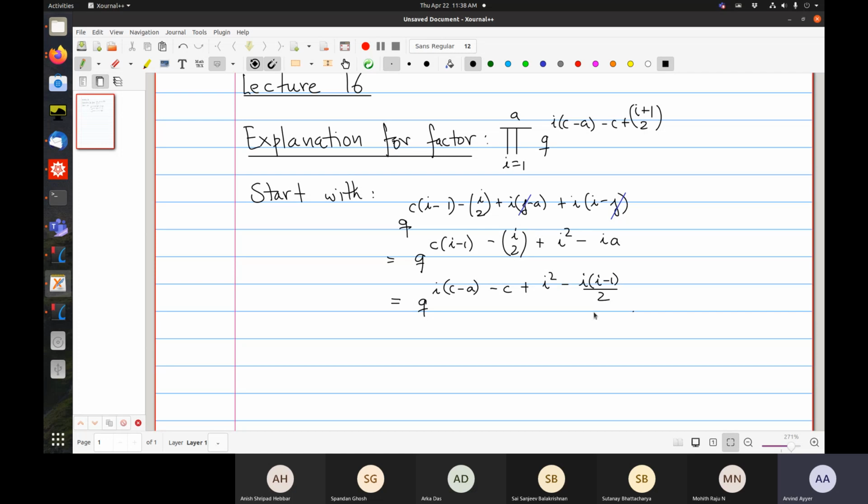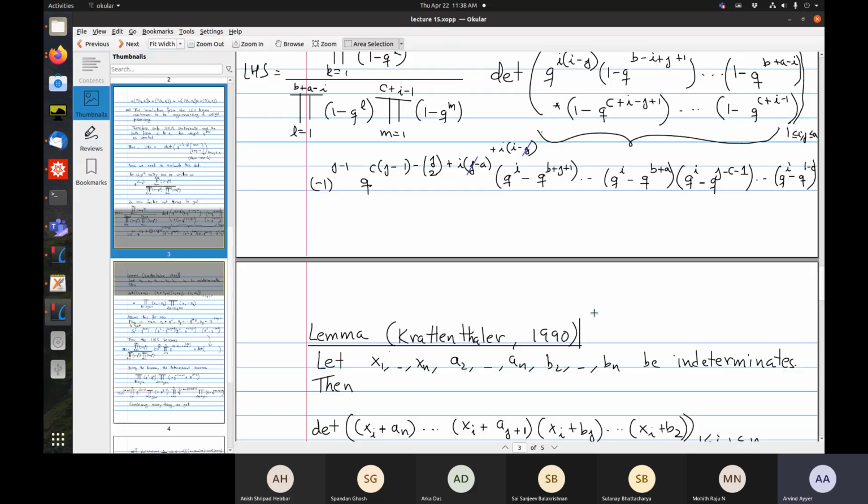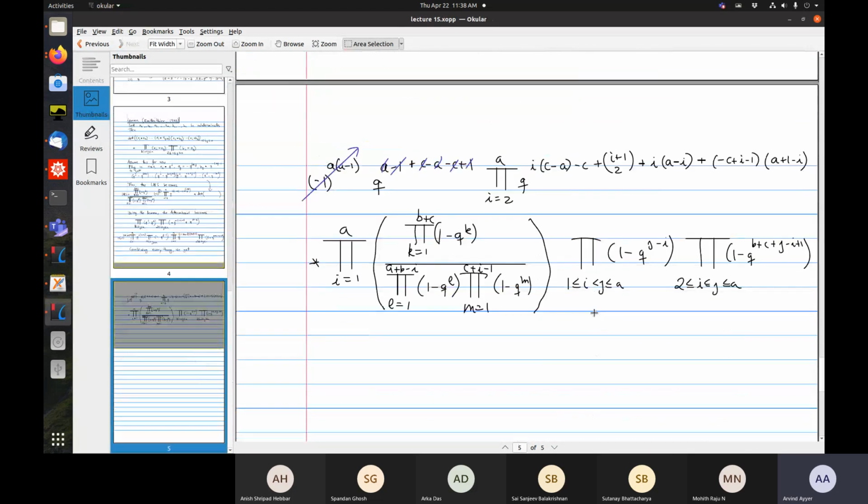So now let me go back to this last product. I'll write that again. I've already explained that the sign goes away, and this extra factor of q goes away, and so what we are left with is to evaluate this product.